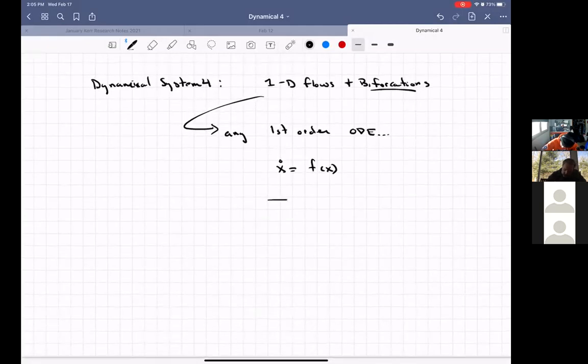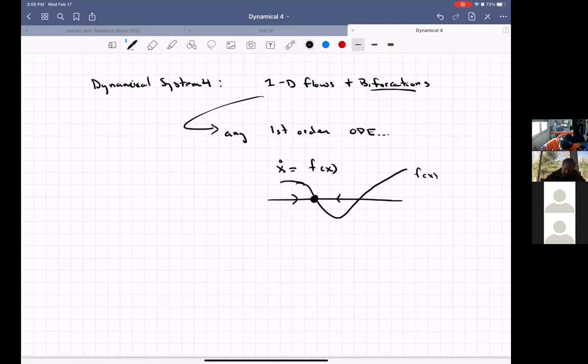And so if we have some function, if this is f of x, then we see that the flow is to the right in this region over here, to the left of this fixed point, which I'm going to make as a little dot, and to the left here.